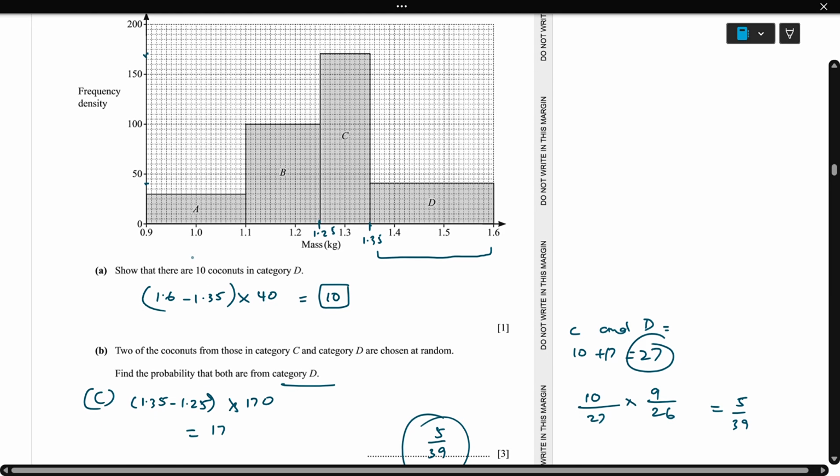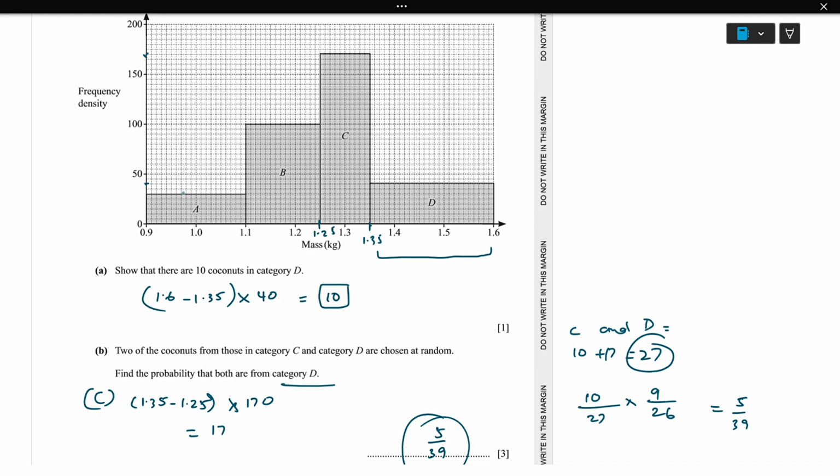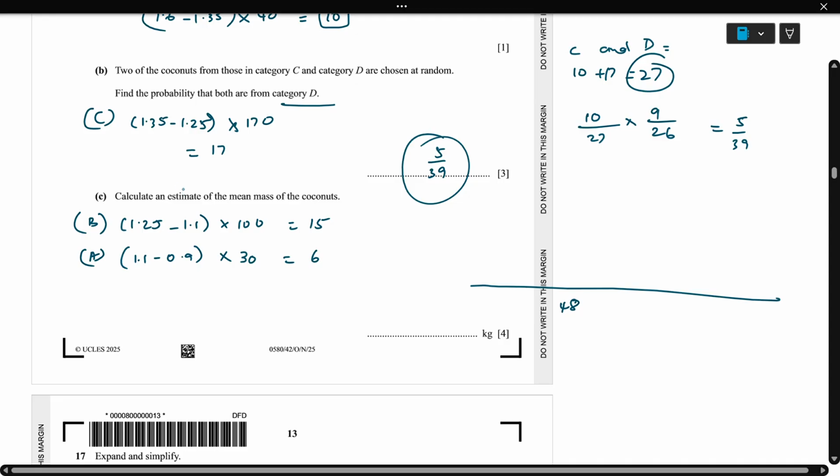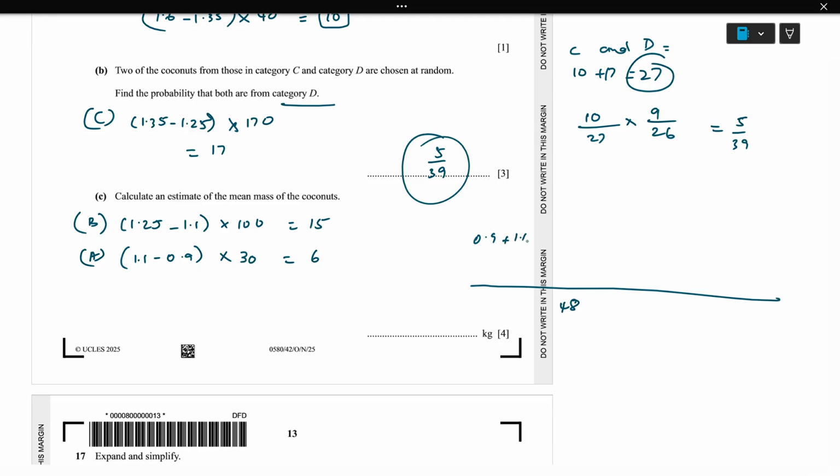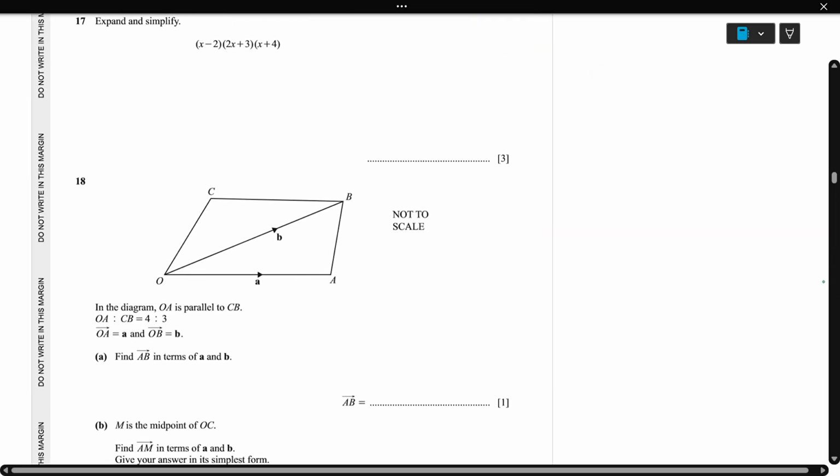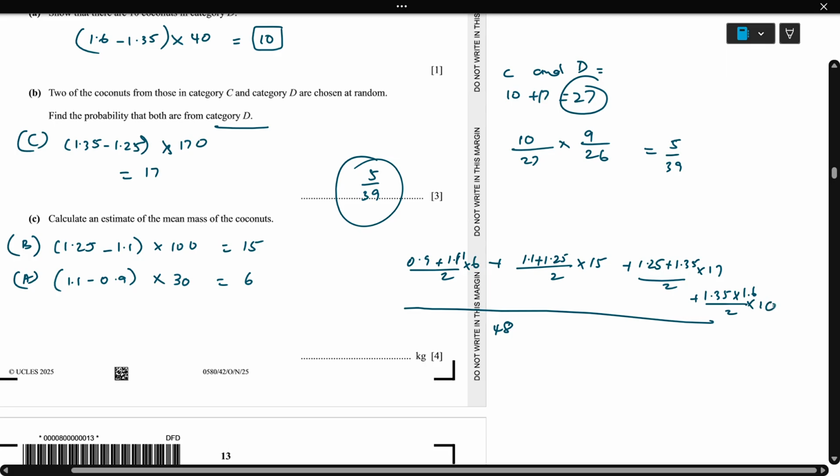The first one is 0.9 plus 1.1 divided by 2 times 6, plus 1.1 plus 1.25 over 2 times 15, plus 1.25 plus 1.35 over 2 times 17, plus 1.35 plus 1.6 over 2 times 10.